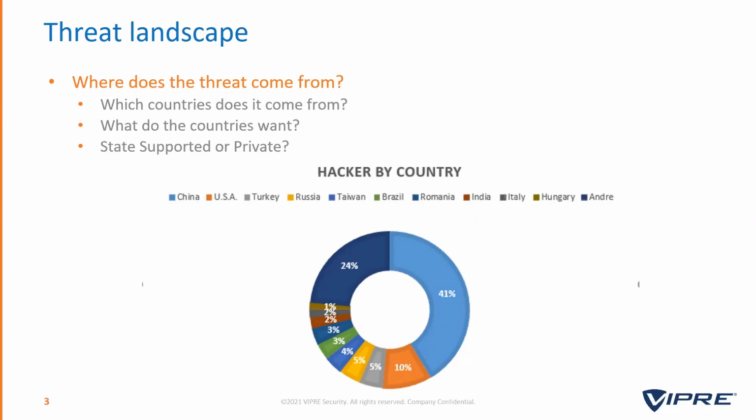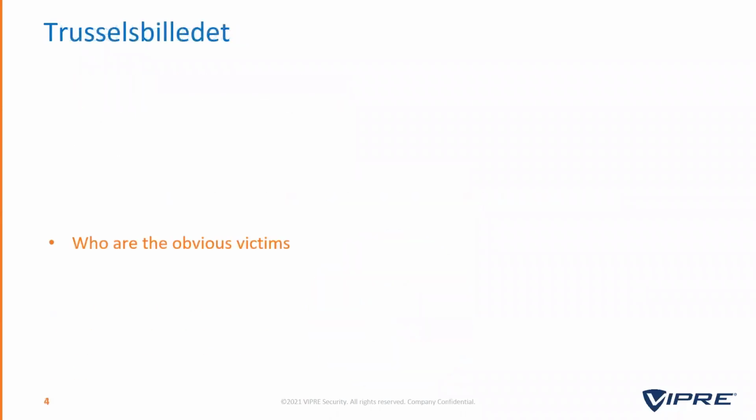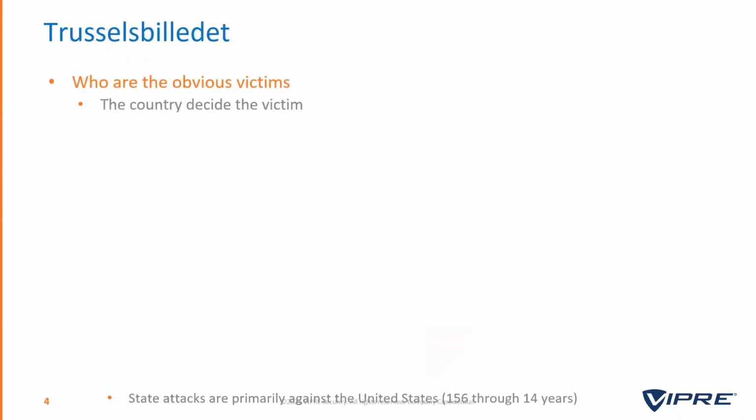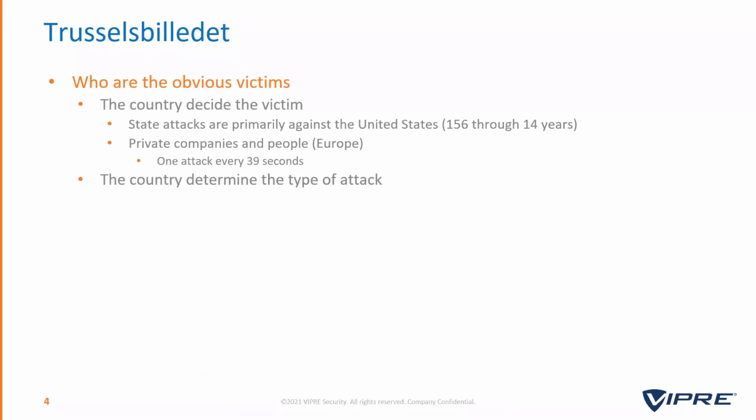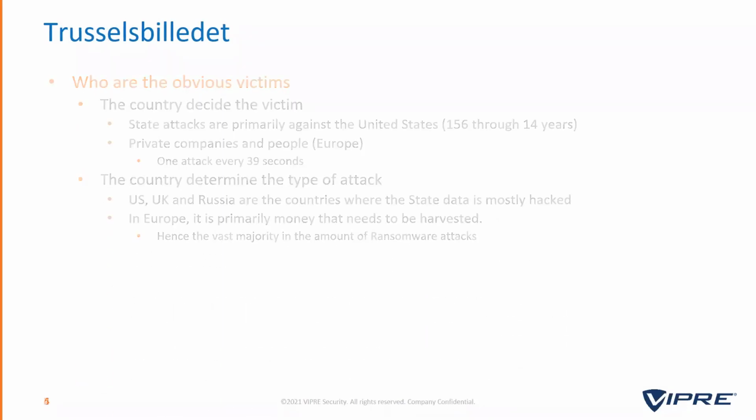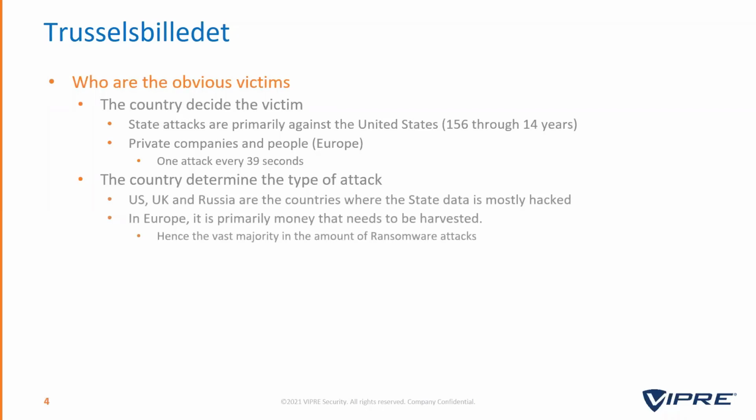In order to understand it, we have to look at the different reasons why the different countries are hacking and what they're going for. So who are the obvious victims? Of course, it's the country that decides what is hacked for. China is the most hacking country in the world, and there's a reason for that.